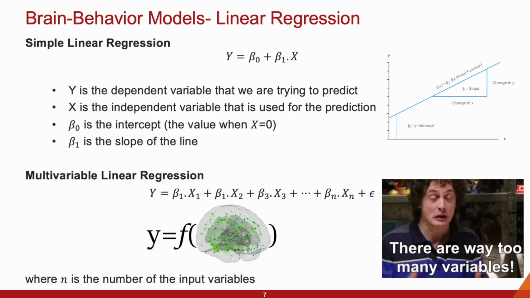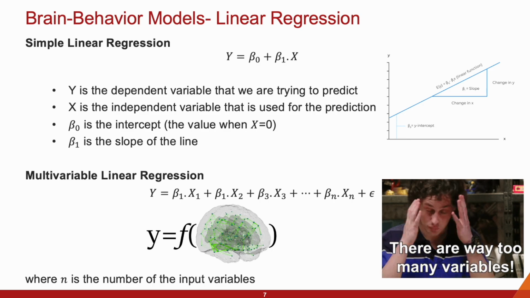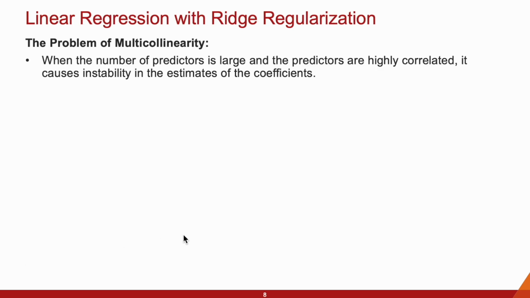Additionally, we can also add age and sex and brain volume to take into account the confounding factors of these features. However, when we have a large number of predictors that are highly correlated with each other, it can cause instability in the estimates of the regression coefficients. For example, in our case, when we use neuroimaging data, we are dividing the brain into 86 brain regions, for example, and these brain regions are not independent from each other.